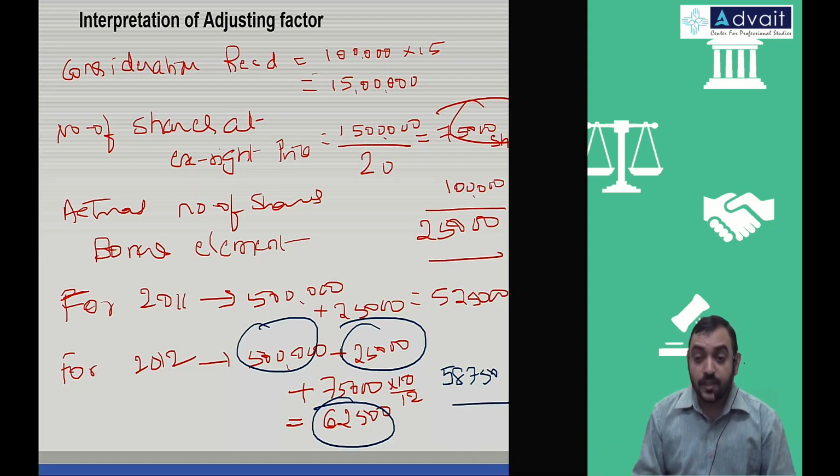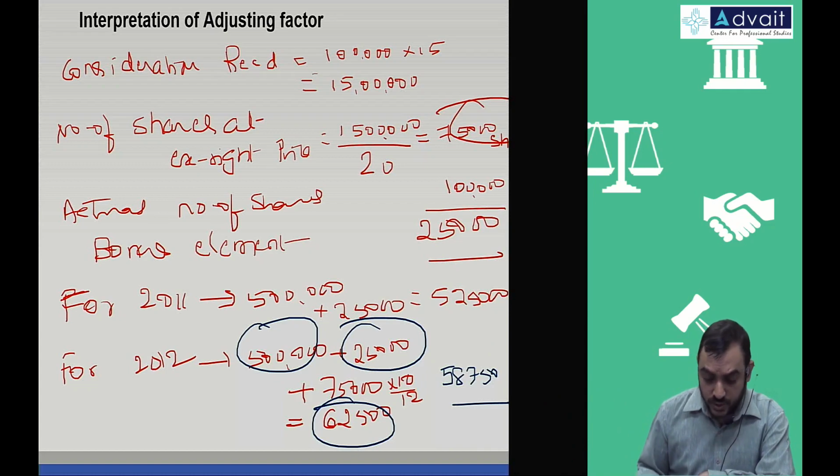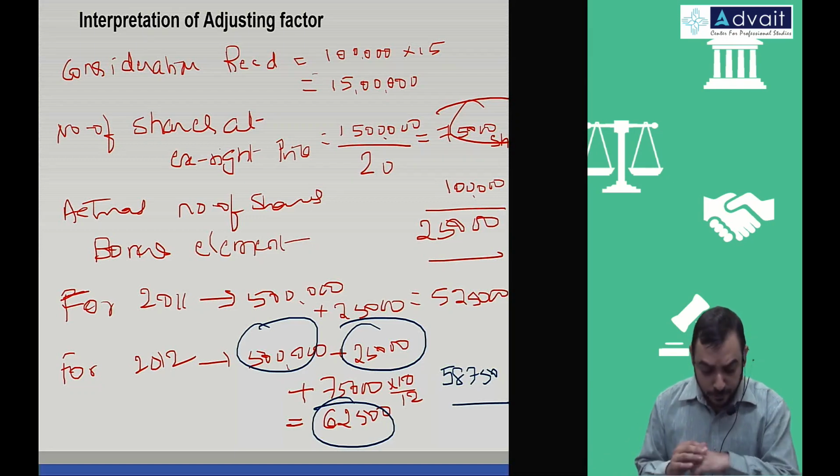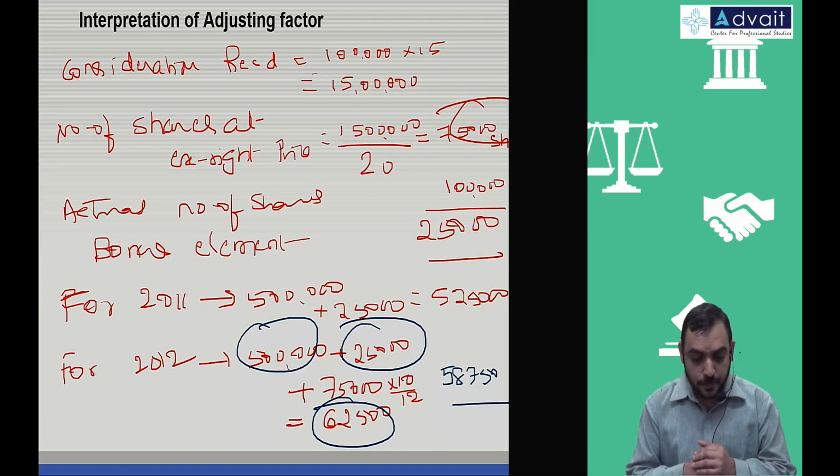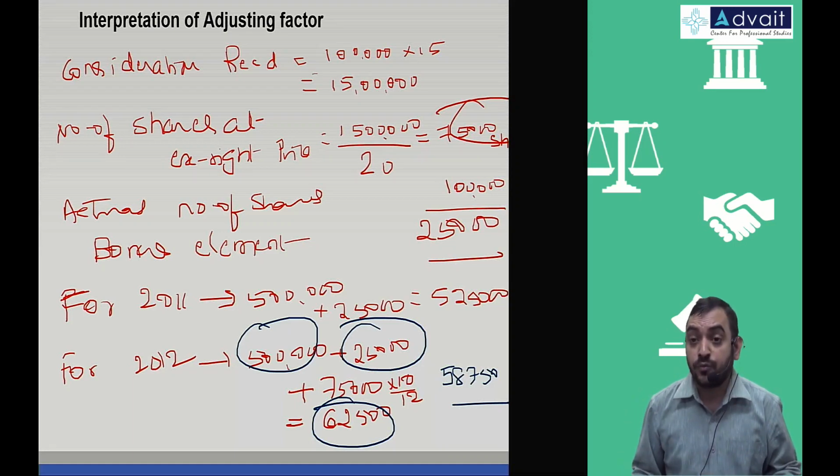Ultimately it comes to the same, but as I told you, don't try to apply this everywhere; it is just for your understanding of how this interpretation of the adjusting factor 1.05 works. The basic meaning of 1.05 is that for every 1 rupee share, 1.05 worth of share is given. So the bonus element of 0.05, the value of the bonus element in the right issue, is implied.